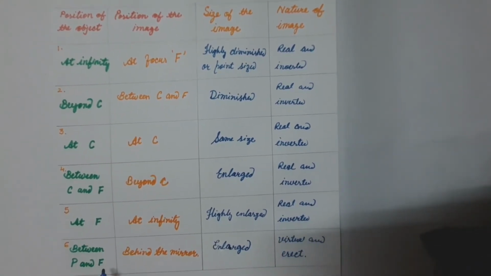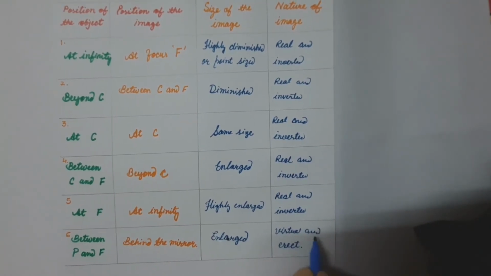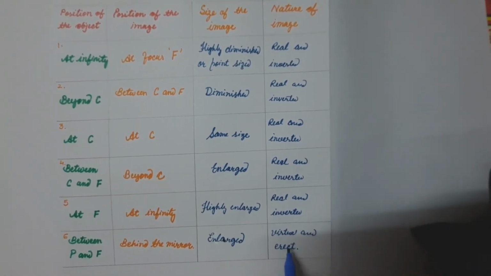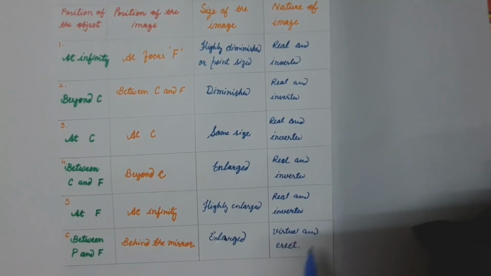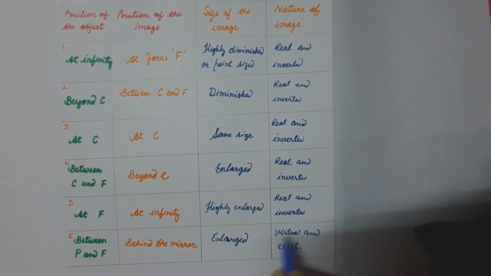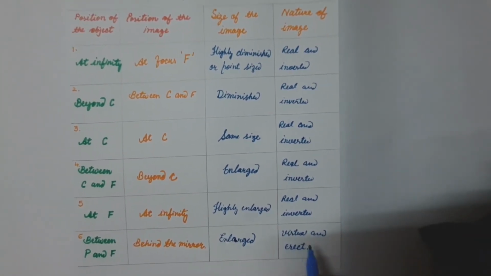But the last one will be virtual and erect. An erect image is always formed above the principal axis. A virtual image can't be obtained on the screen.